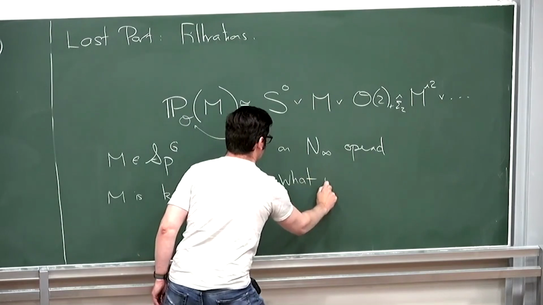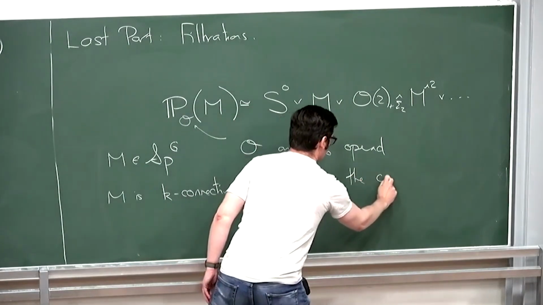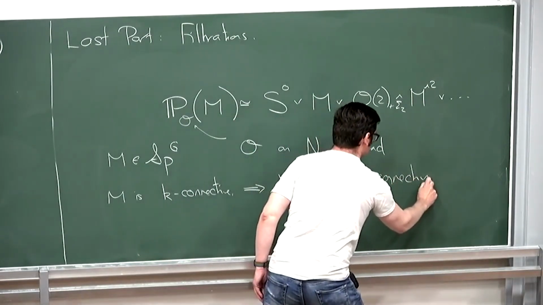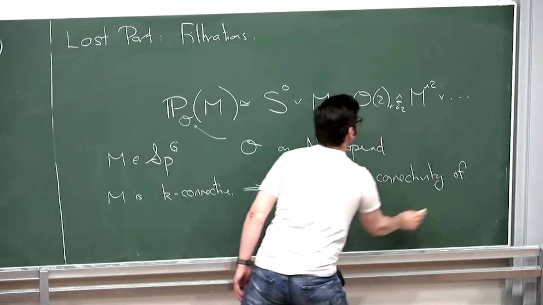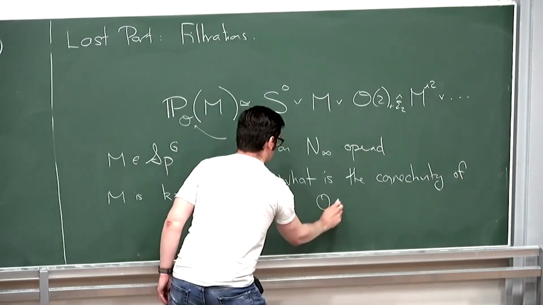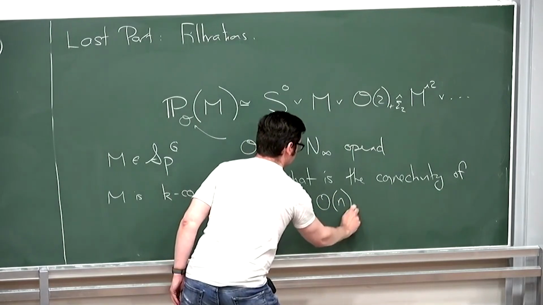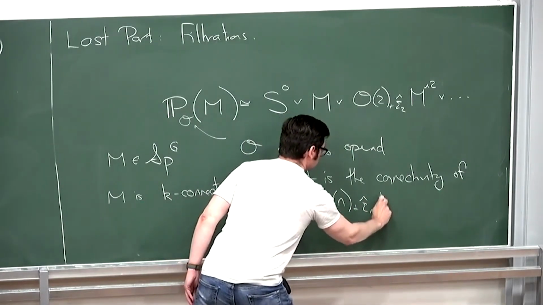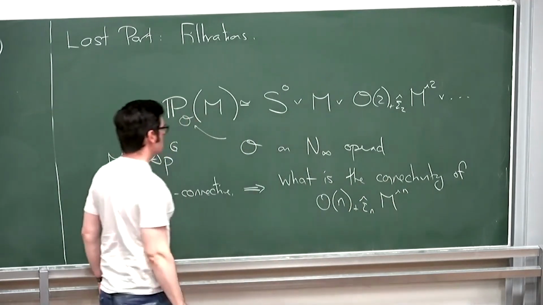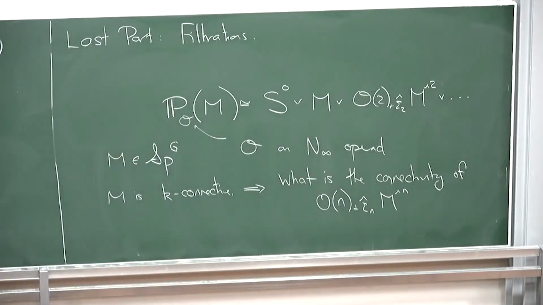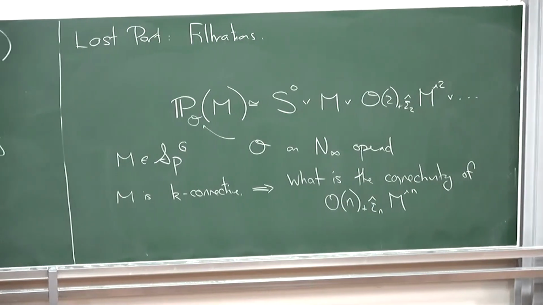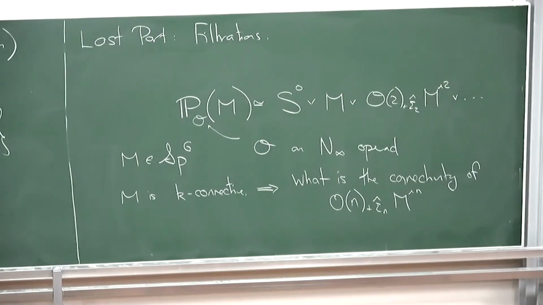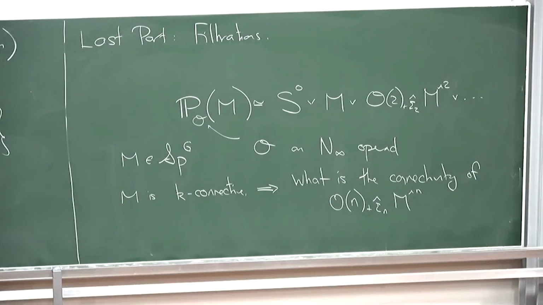What is the connectivity of these symmetric powers? Well, the first one I know the connectivity of. That's great. The second one, M, I also know the connectivity of, because if I assume something, then I get to assume that something. Now it gets weird.